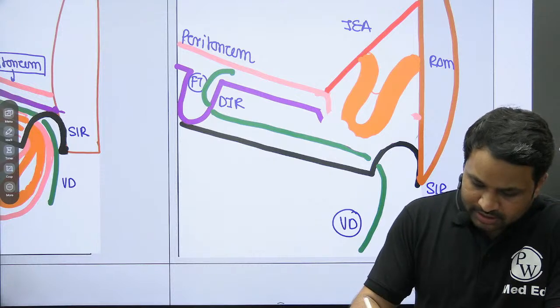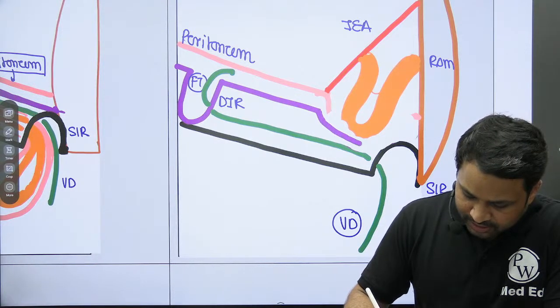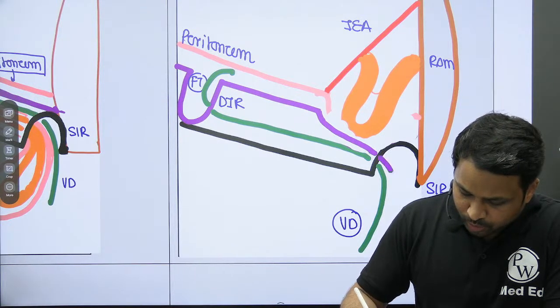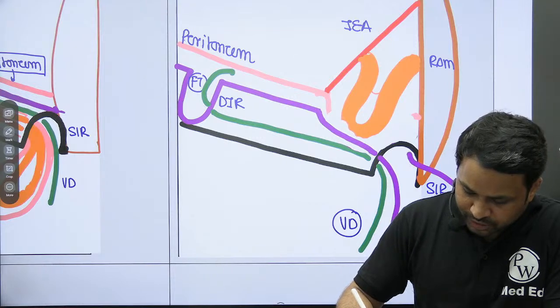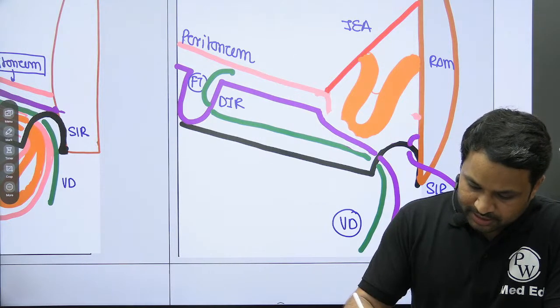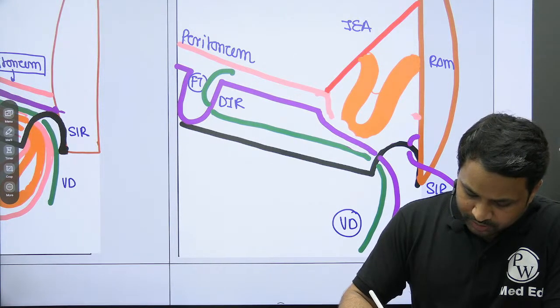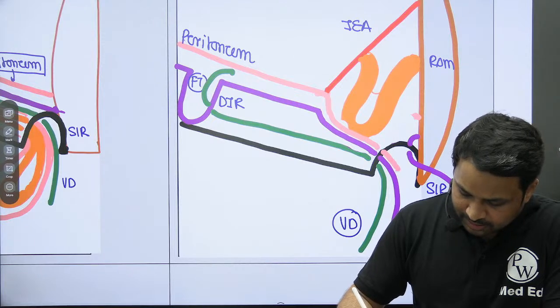You will notice because of the pressure, the fascia transversalis is now forced to pop out from the superficial inguinal ring. Now this occurs because of the bowel that is exerting pressure, but along with this the peritoneum will also pop out.